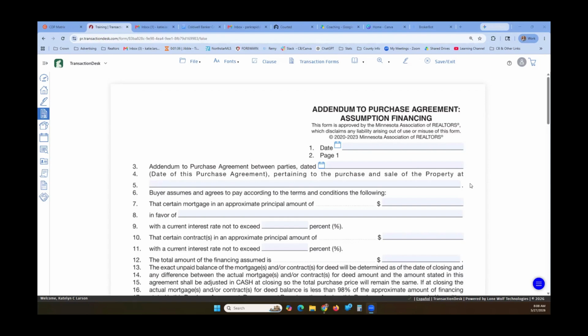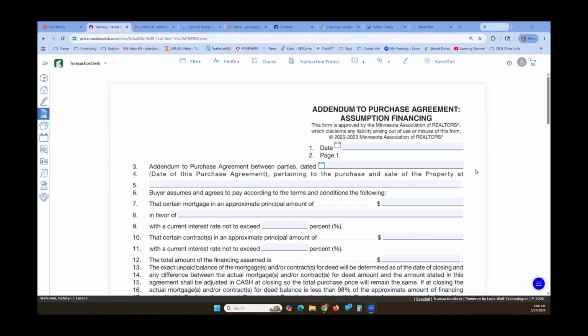And then when you send it to the seller and the listing agent presents it to the seller, they will counter if any information is incorrect in here. So keep that in mind as the listing agent. It's your job to counter any wrong information in these addendums.